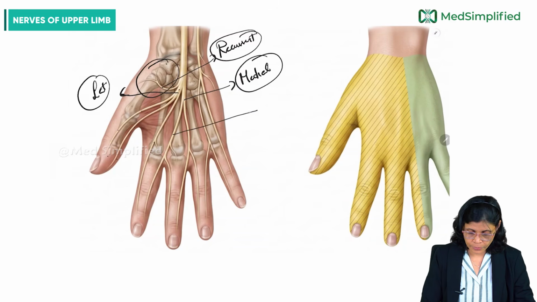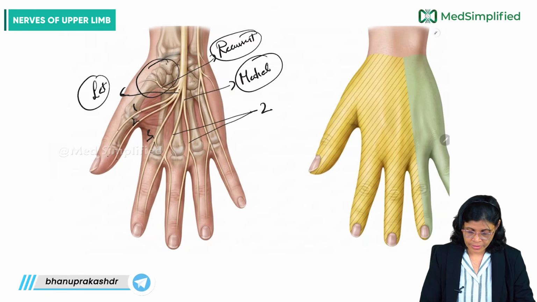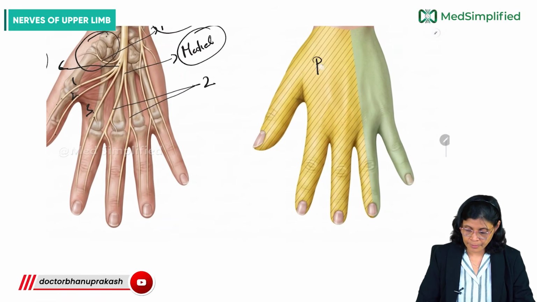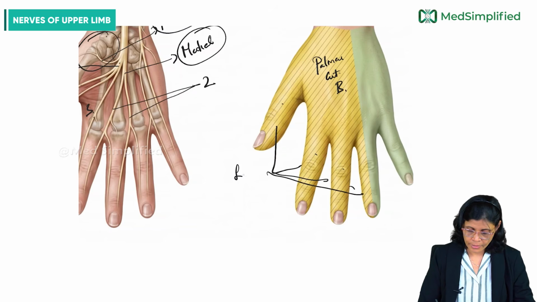The medial is giving 2, and this is how the lateral 3.5 digits are supplied. The palm is mainly supplied by the palmar cutaneous branch, whereas the distribution over the digits is by the lateral and medial divisions of the median nerve.